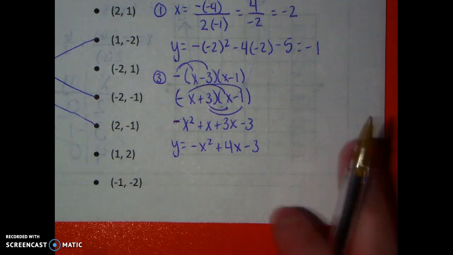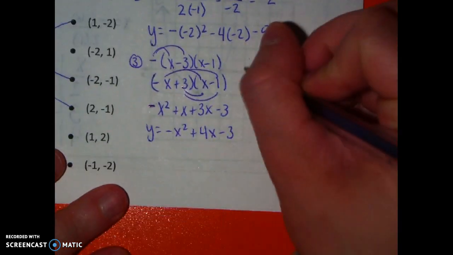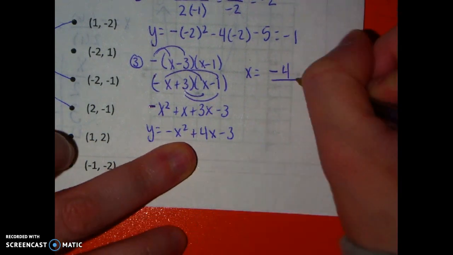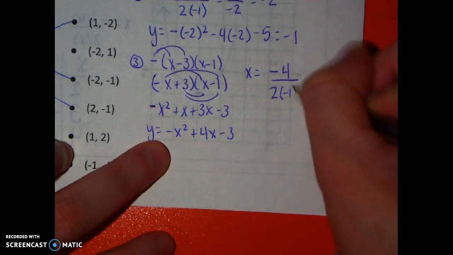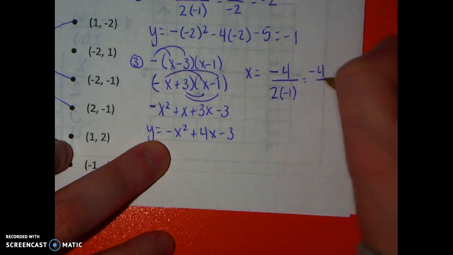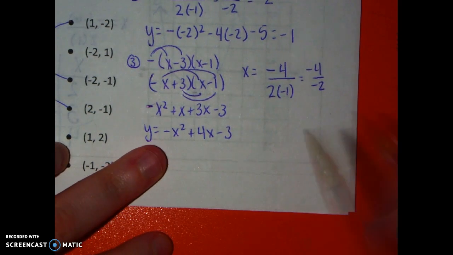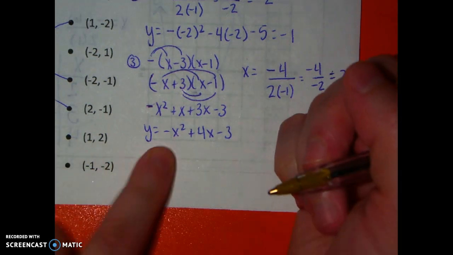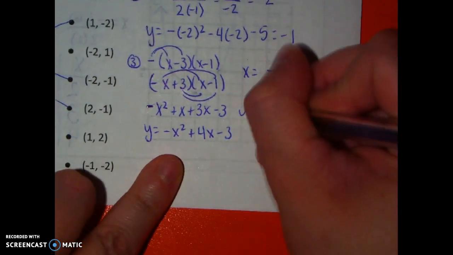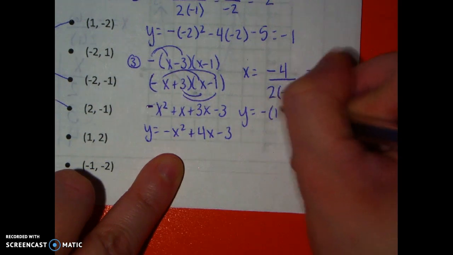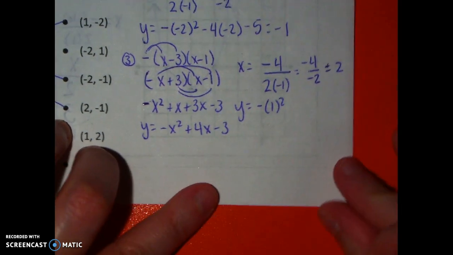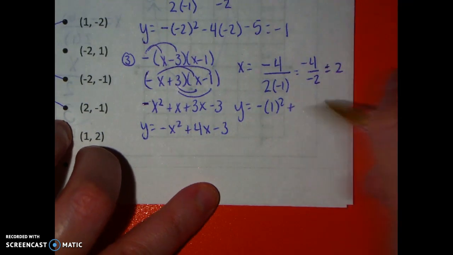Okay, now I can do negative b over 2a. So x equals negative 4 divided by 2 times negative 1. And that will give me 2. So now I'm going to plug it into this equation here. So y equals negative 2 squared, make sure the negative's on the outside of the parentheses, plus 4 times 2 minus 3. Why did I put a 1 there?